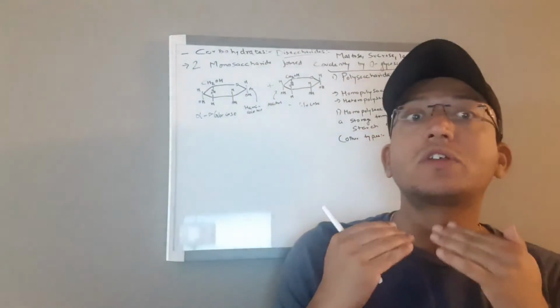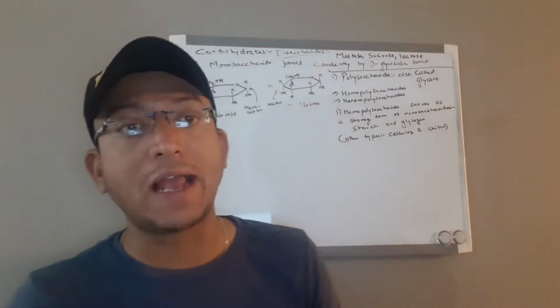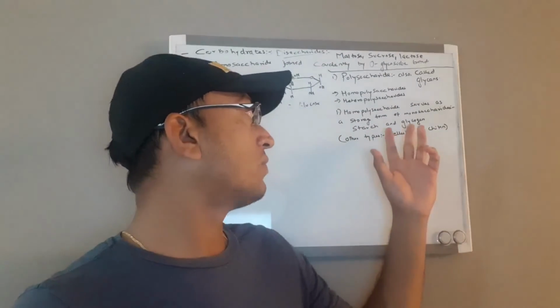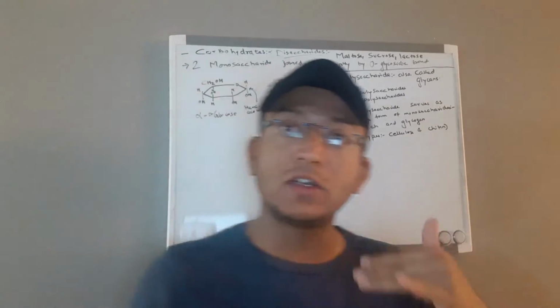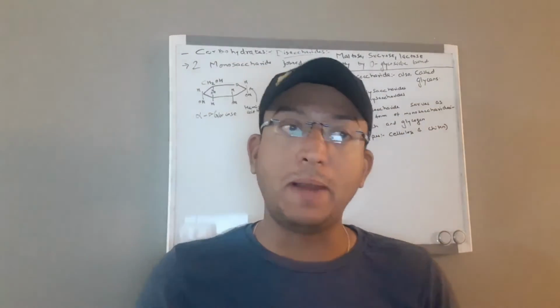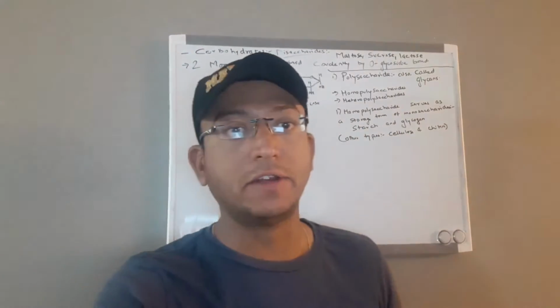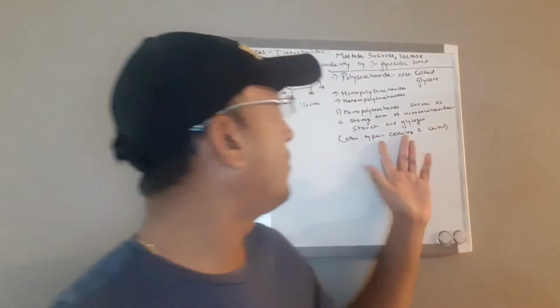They serve as structural elements in plant cell walls and animal exoskeletons. So these are the other types of homopolysaccharide that serve as structural elements in plant cell walls and animal exoskeletons.